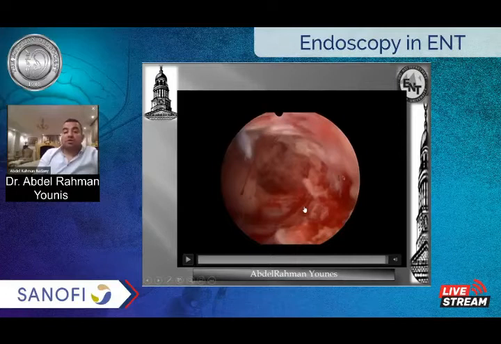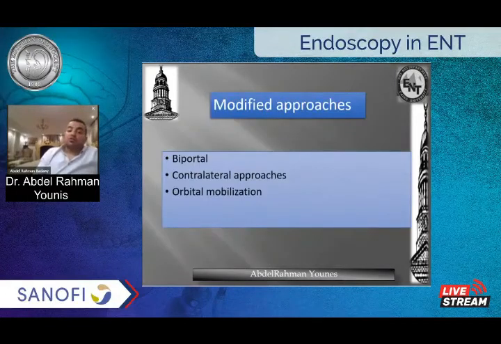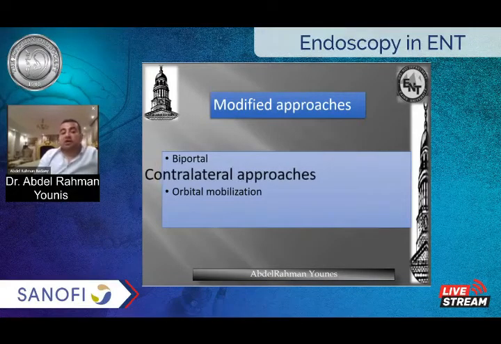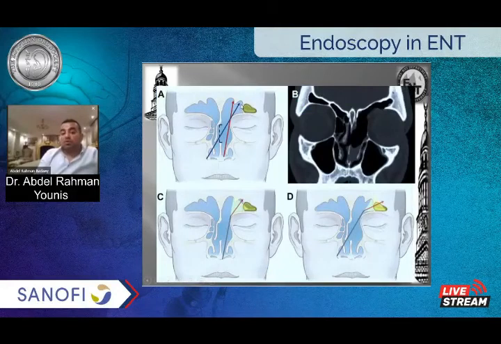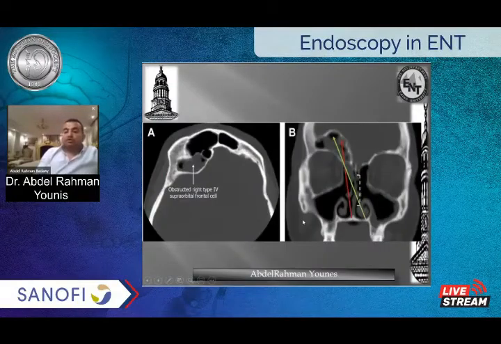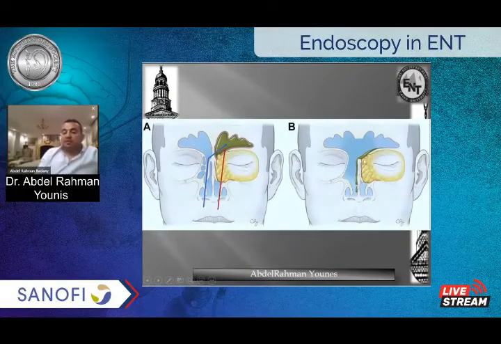It is not only the modified approach. We have a contralateral approach. We can reach the lateral part of the frontal sinus either from the contralateral nasal passage through a septectomy, or if we have something like a blowout fracture of the orbit with the fat prolapsing and blocking this passage, we can enter the frontal sinus from the contralateral frontal sinus.